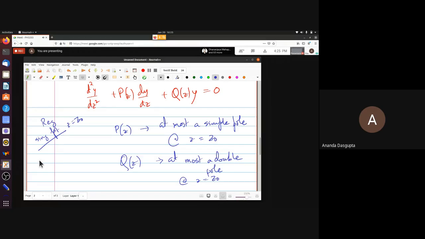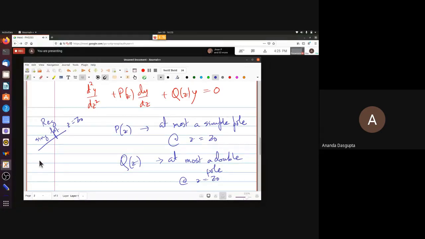You have an exponential of a regular function in your solution, which is not a problem. On the other hand, if P(z) had a simple pole, you end up with the integral of 1 by (z minus z0), which gives you a log (z minus z0). When you exponentiate that, because that's what the integrating factor is, you end up with a power of (z minus z0). So even in that case, it's a rather simple thing to handle.